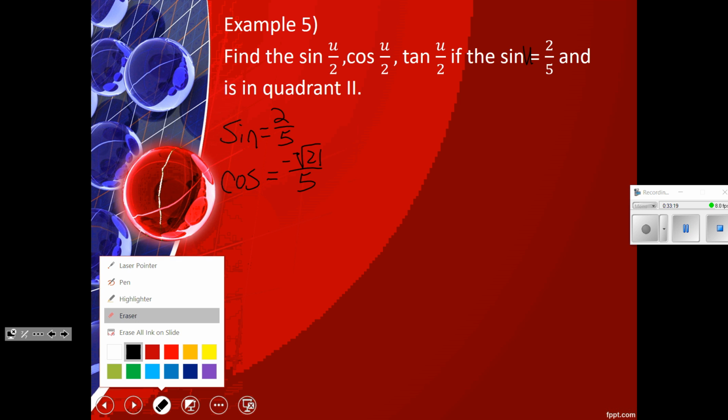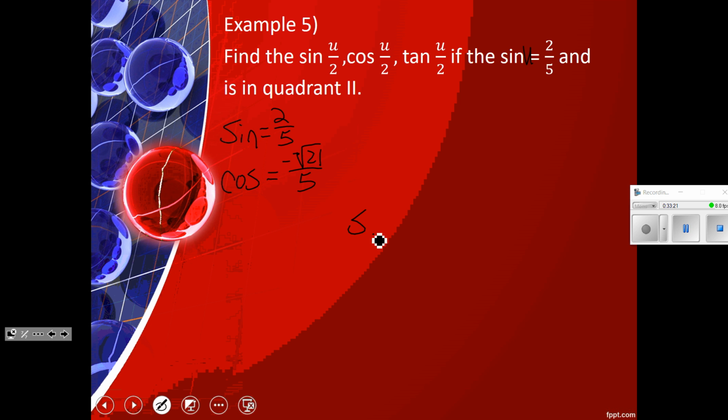Okay, so I'm going to plug into my formula. The sine of u/2 is equal to plus or minus the square root of 1 minus cosine of u, divided by 2. So plus or minus the square root of 1 minus, what is our cosine of u? Negative square root of 21 over 5, all divided by 2.